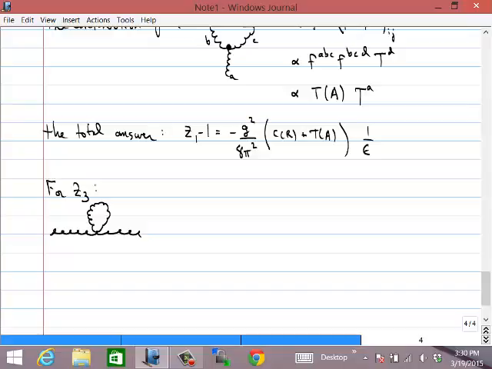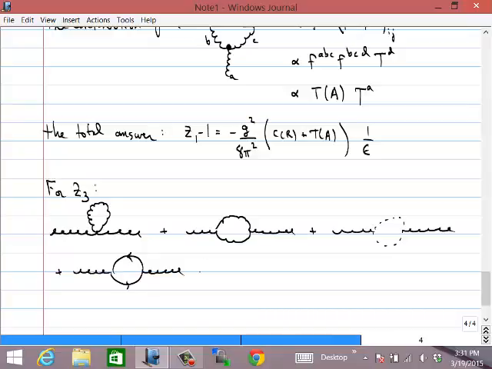So there's that one diagram coming from the quartic interaction, another coming from the cubic interaction. We also have the ghost interaction, with an important minus sign because the ghosts are anti-commuting scalars. And then we have the contribution from the fermions.